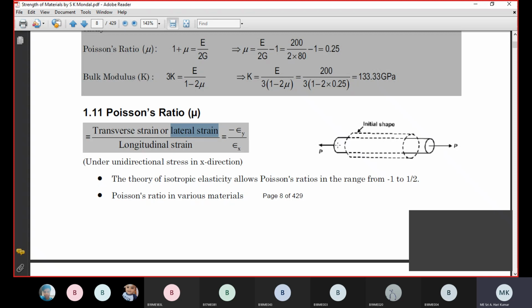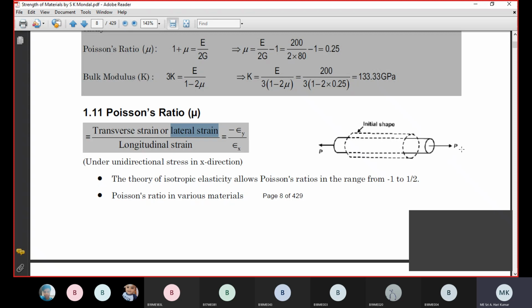When it expands, length gets expanded, but the volume does not change until it goes beyond necking.